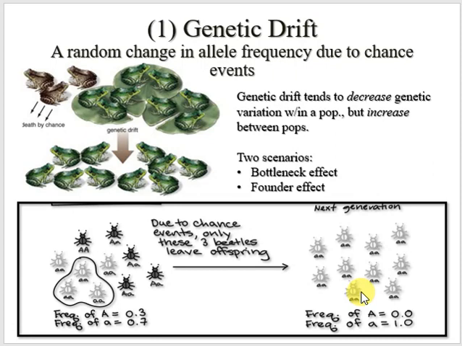Now, fixation itself occurs more rapidly in smaller populations, and in larger populations, it occurs much slower. But eventually, no matter what the population size is, it does occur, right? So eventually, you will or you might have the fixation of certain alleles and elimination of other alleles within populations, regardless of their size.